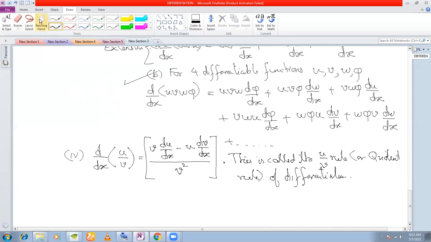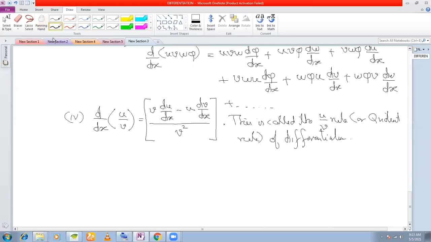Okay, let us see an example to demonstrate U into V rule and U by V rule. Let us see this together. Example, very simple one. Then I'll come to the problems later on.